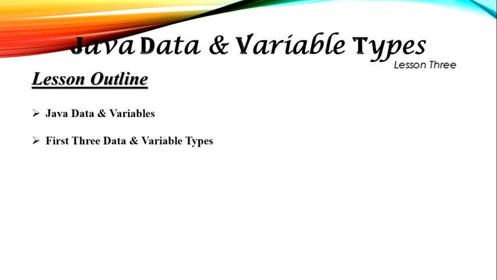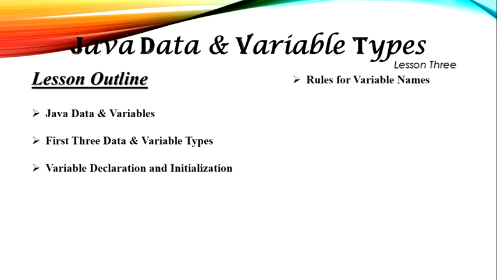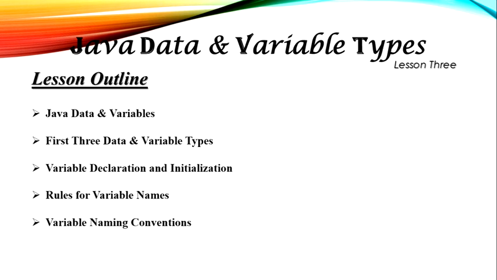We'll be talking about the first three data types, and I'll be talking about variable declaration and initialization, how to declare a variable and how to initialize a variable. Then I will show you the rules for variable names, then variable naming conventions. Then we're going to be looking at assignments for this lesson.